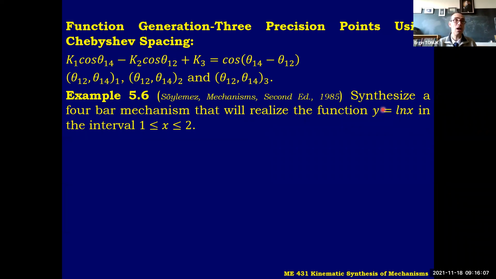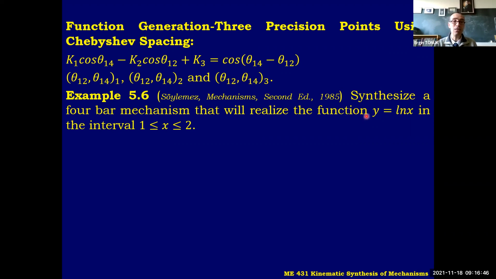The same is true, for example, for Ackermann steering as well. It's some sort of a tangent function that you steer the wheels such that the inner wheel rotates more, the outer wheel rotates less, so that their normals intersect at the point where you have the center of rotation of the vehicle, okay? So you can't obtain this exactly as well. Now, how shall we do it then? Of course, we will select 3 points, which we will call the precision points.